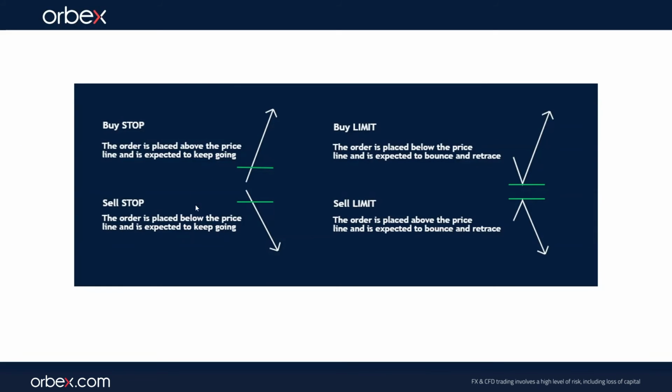So if you put a buy stop pending order in, you're expecting the price to start here. The pending order is the green line where you expect the order to hit. The order will be activated, and then the price will keep on going higher. Opposite with the sell stop, you expect that the price will start moving lower. It will hit the desired pending order price and keep going lower.